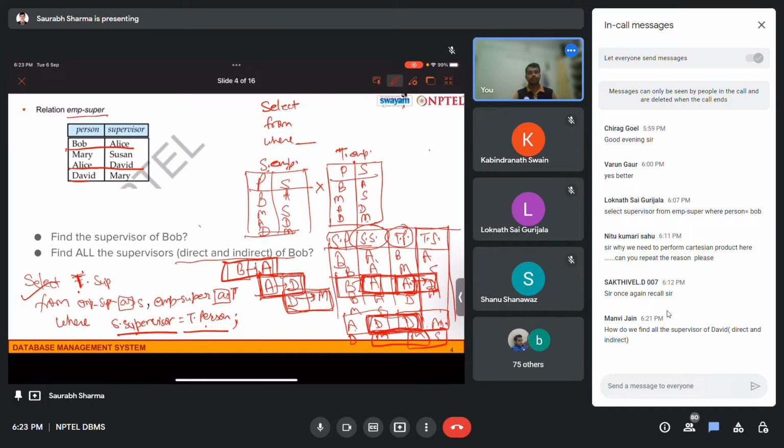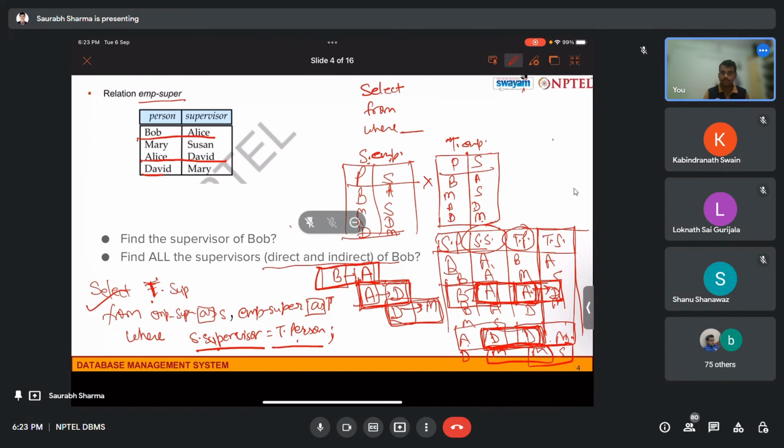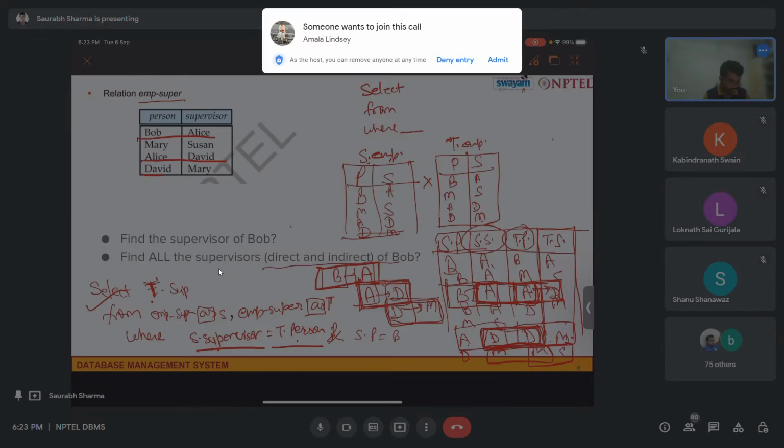How do we find all supervisors of David? Oh, there should be one condition also, no? And S dot person should be equal to Bob.